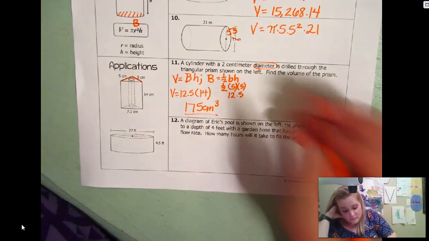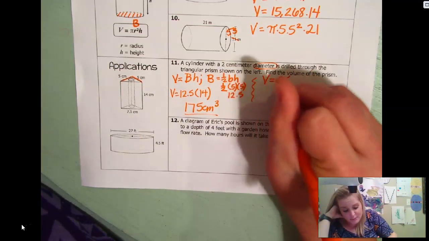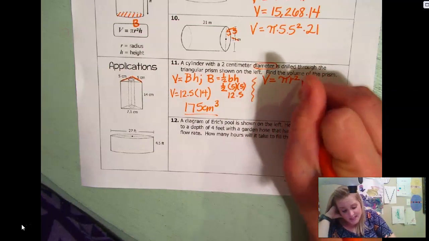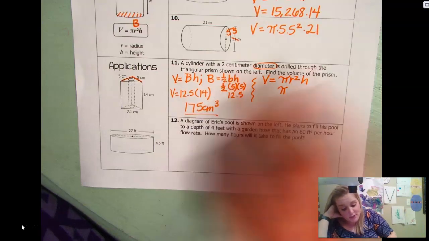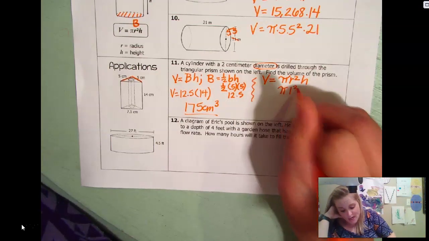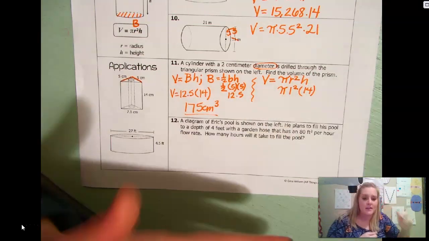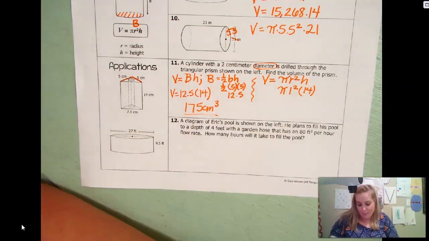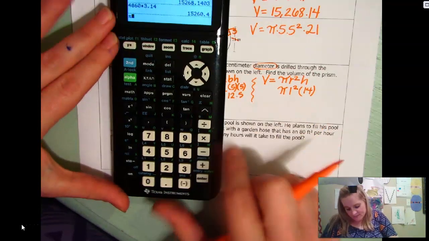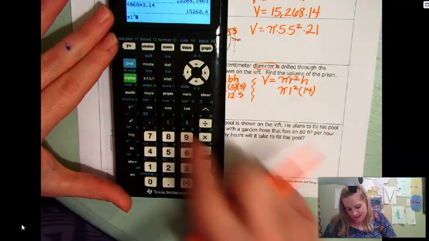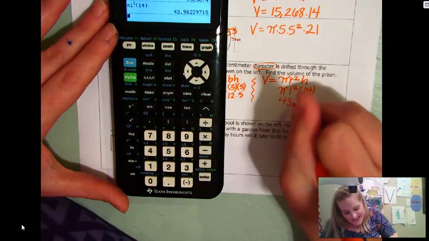Then we're going to find the volume of the cylinder, which is pi r squared times the height. So pi, it has a diameter of 2 centimeters, so the radius is 1 centimeter, and the height is still going to be 14 because all of that's stuffed together. So we have pi, I'm going to use the pi button, 1 squared, which is just 1 times 14, and that's going to be 43.98.